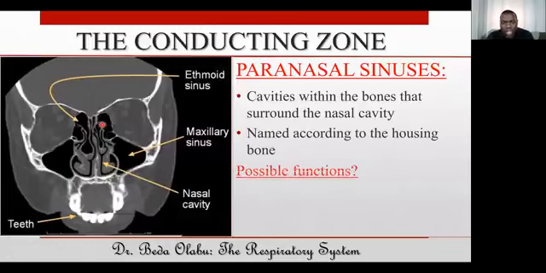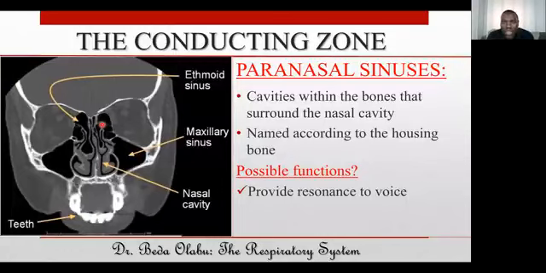So we wonder about their role, and in as much as their actual function is not really known, it is believed that the paranasal sinuses are important in two ways. One, they provide resonance to voice. You can try, or maybe you've compared before, how your voice comes out when you have a cold and when you don't.